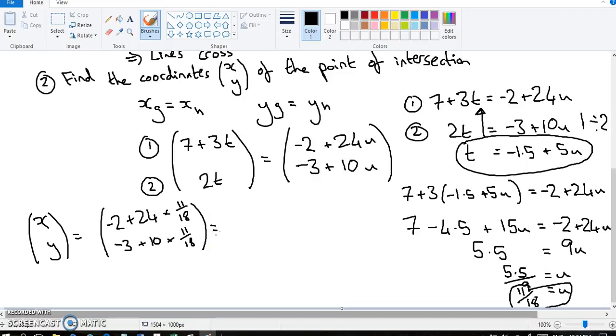So I get 12 and 2/3 for my x component, and 3 and a ninth for my y component. And I can check this by putting this u into here for t, and then putting this t into the equation for G, and checking that I get exactly the same coordinates for G, because this is the point where they cross, so it's a point that they have in common. But I'll leave that as an exercise for you.